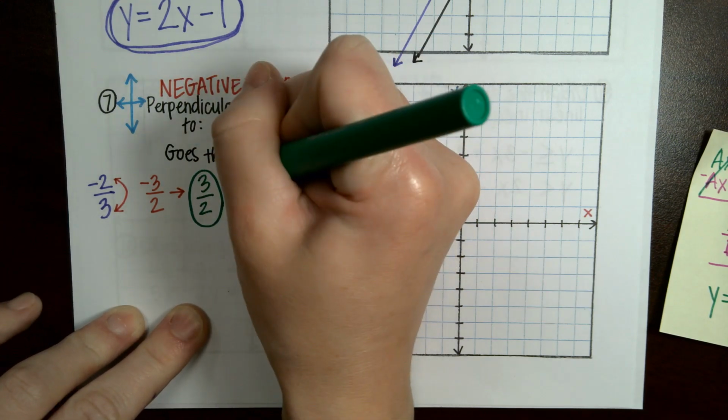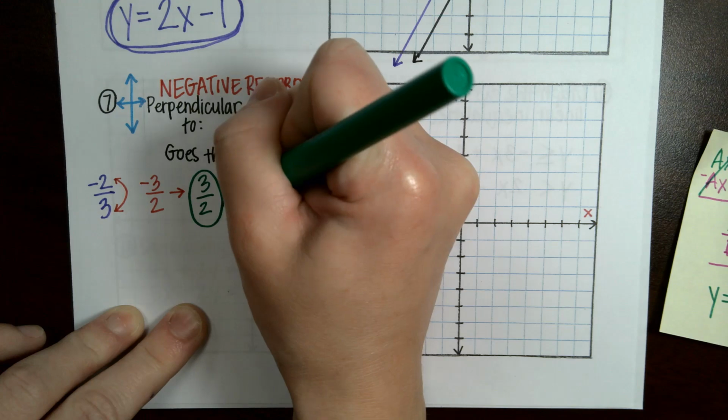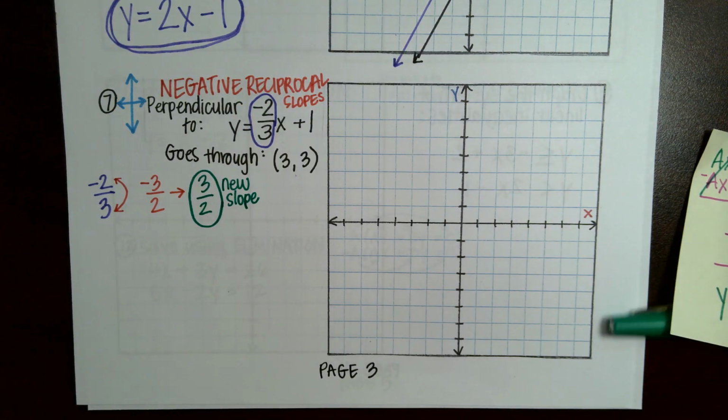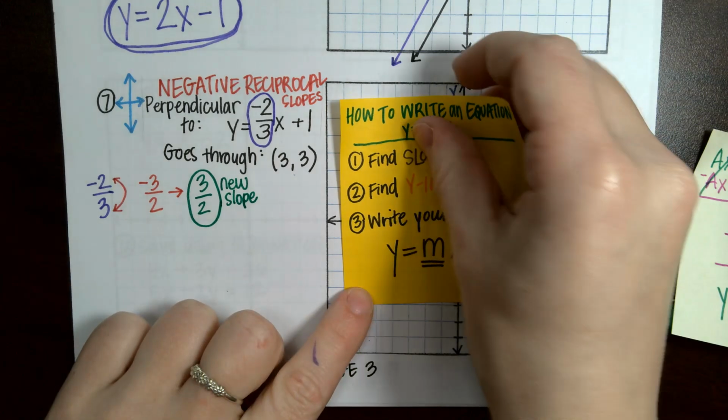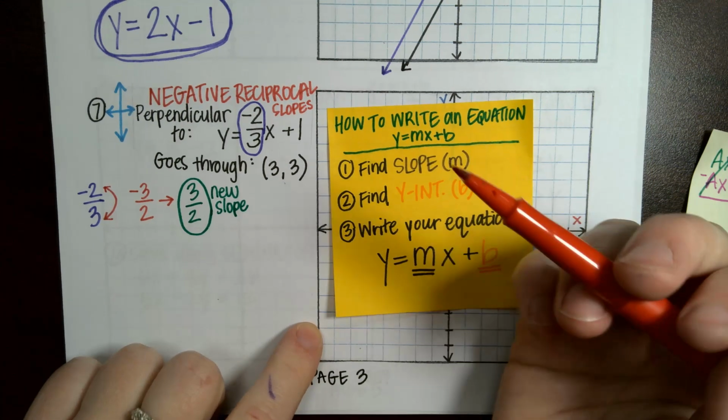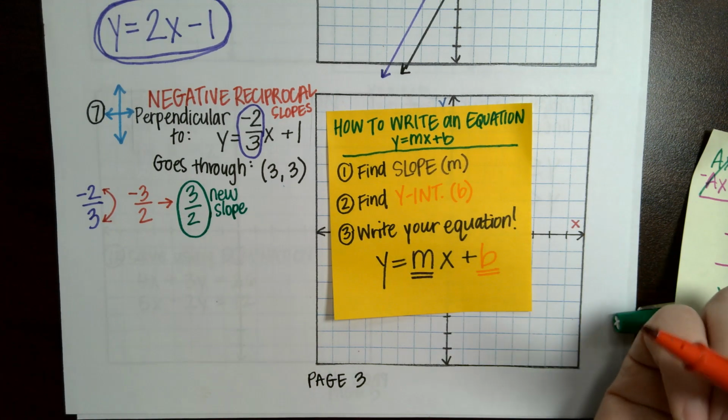So there's my new slope. So that's step 1. We found our new slope. Okay, y'all ready for the next step? Okay, so let's use our new slope. And what else are we going to use to find our y-intercept?